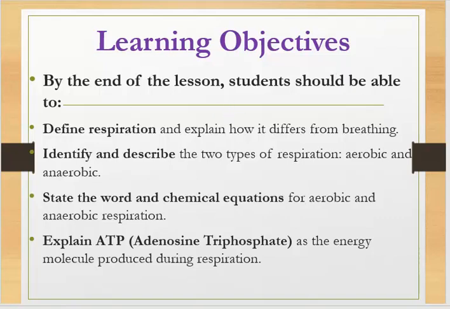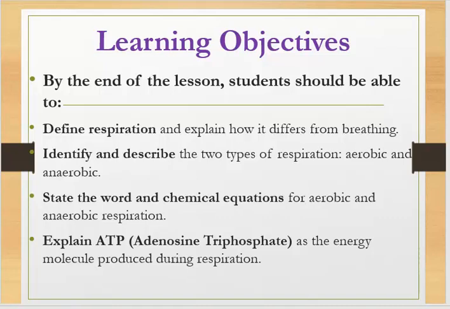You should be able to define respiration and explain how it differs from breathing. That is, there is a difference between respiration and breathing. You should be able to define respiration and differentiate between them, and identify and describe the two types of respiration, that is aerobic and anaerobic respiration.